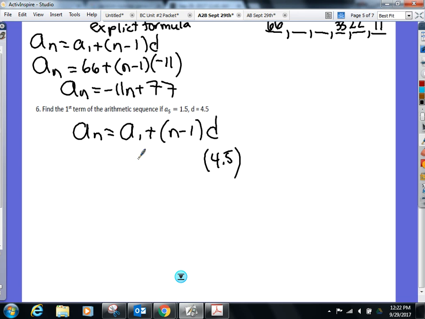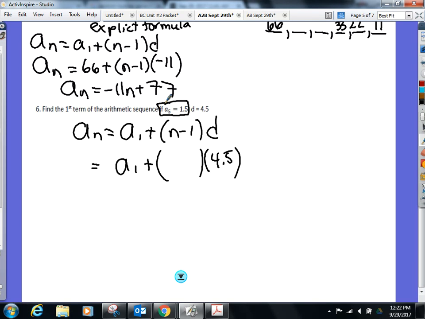Okay, it's going to be a sub 1 plus, I'm going to put something in that parenthesis, set it equal to something. How can I use this value here to help me out? Well, what term is this, guys? 1.5 is the 5th term, right?